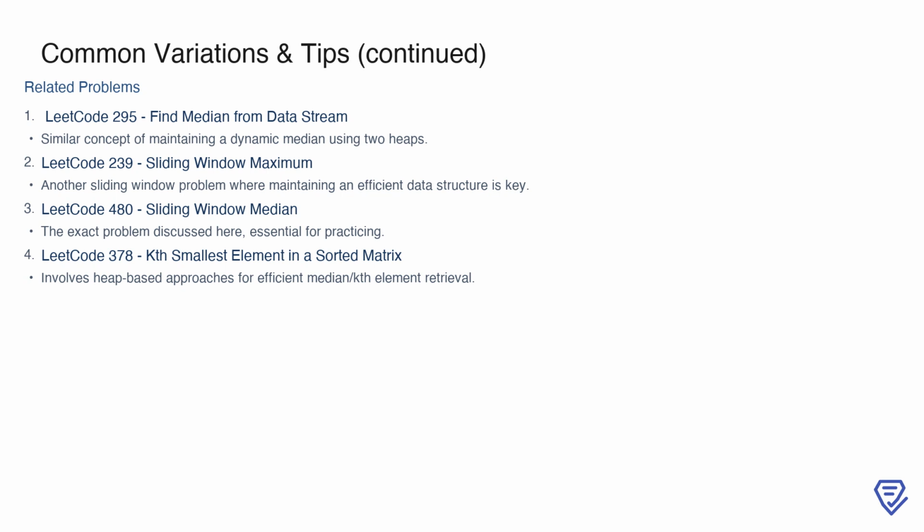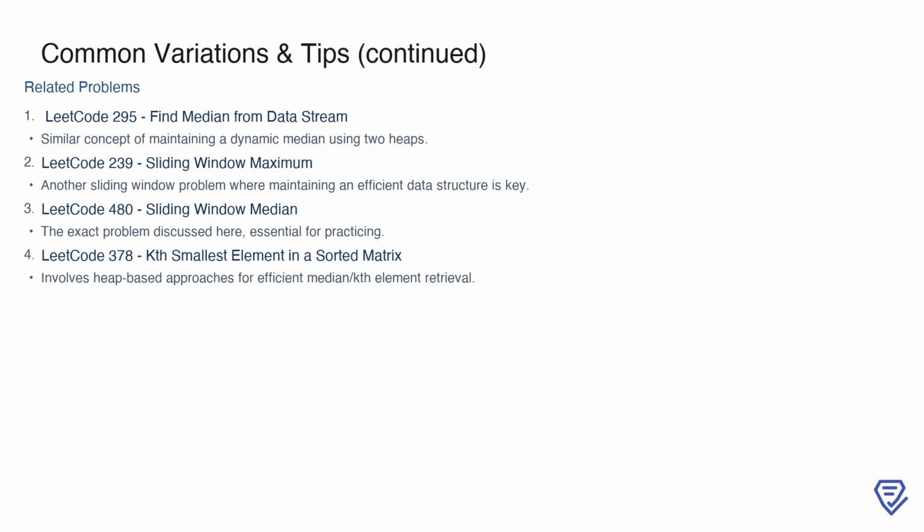For instance, in LeetCode 295, Find Median from Data Stream, the goal is to maintain a dynamic median using two heaps, a concept directly applicable here. Another related problem is LeetCode 239, Sliding Window Maximum, which also relies on efficient data structures to manage the sliding window. Of course, LeetCode 480, the problem we're discussing, is a must-practice problem for mastering these techniques.